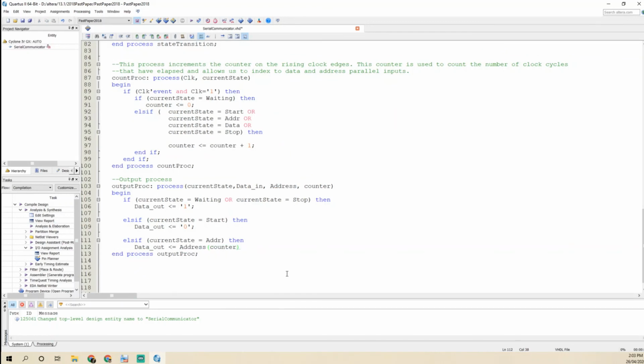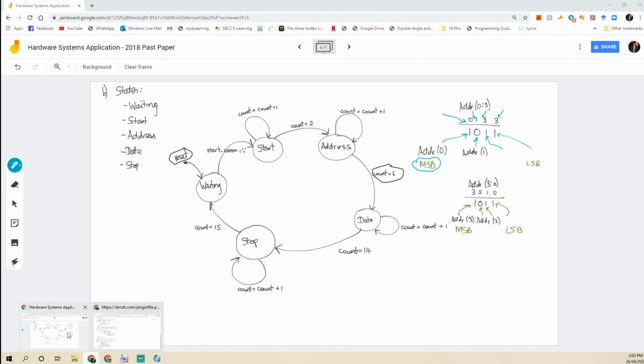But when I've entered this address state, the count value is already 2. What that means is that in this address state, the count value is going to be 3, 4, 5, and 6. But I don't have indices in my address vector called address 3, address 4, address 5, and address 6.